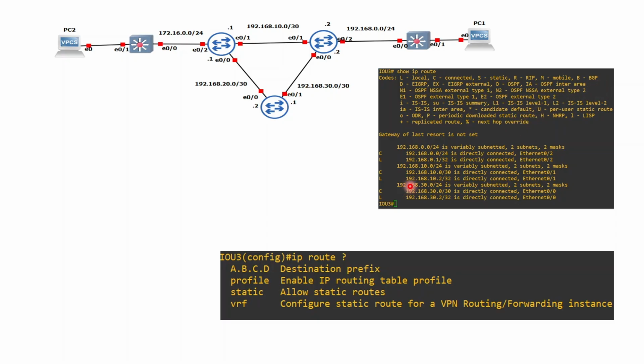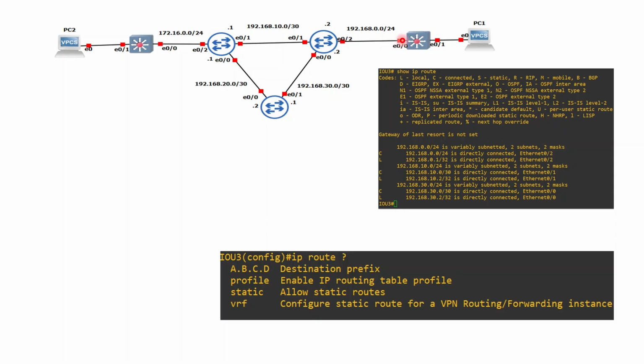After I viewed the routing table of my router, it had different networks shown here, for example C, which means this network is directly connected to this router. So C means this network, 192.168.0.0/24, is directly connected to my router via interface Ethernet 0/2.